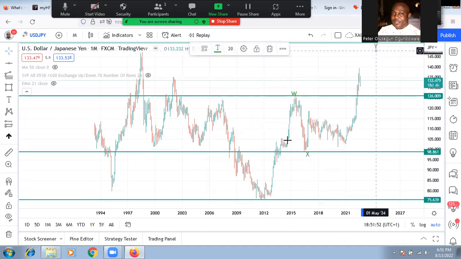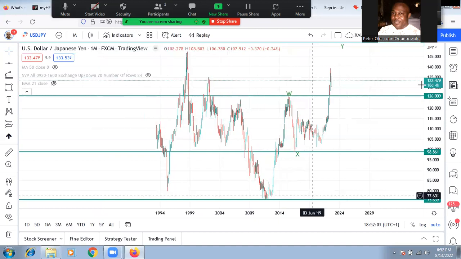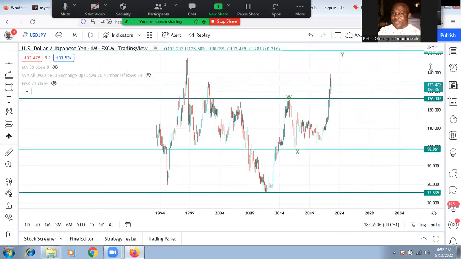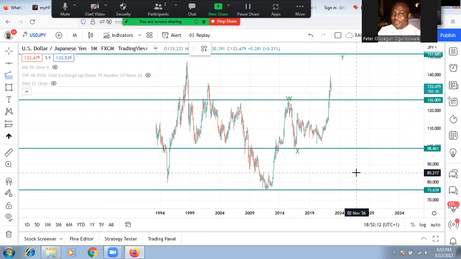And in dealing with this, where are we supposed to get to? Where we're supposed to get to is a 100 extension, at least, before we can say we're going to correct or change the structure.